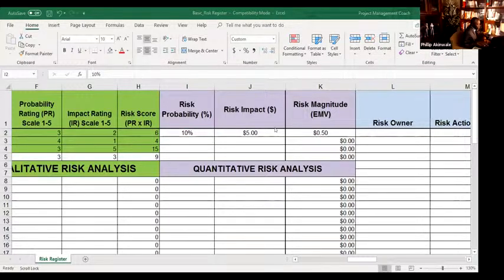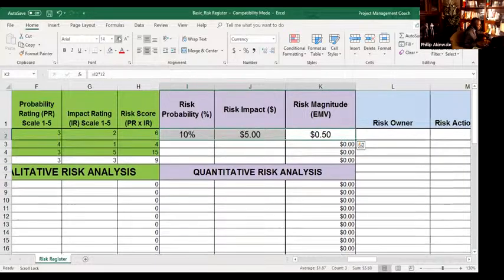So quantitative risk analysis, my friend, in order to really think of it well, you need to think about probability on a scale of 0 to 100. If you toss a coin, the probability of getting heads is 50%, tails, 50%. The risk impact in this case is $5. So the risk magnitude, you've got to be familiar with these terms, my friends, on the exam.